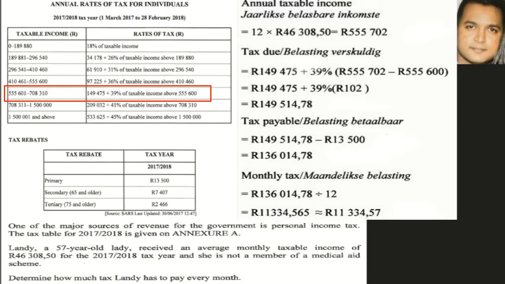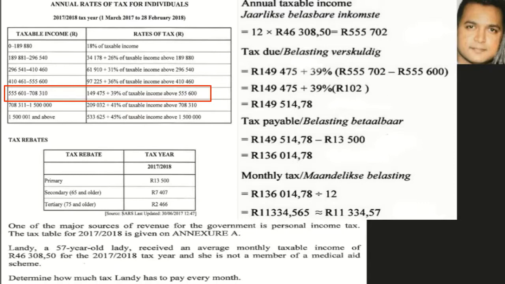Additional information about the tax table which I've discussed with you. Right at the top it says annual rates. That's very important because the amounts we work with here are in line with annual. Annual is the entire year. If you look at the question given to us in the second paragraph, it says Landy received an average monthly taxable income of 46,000.